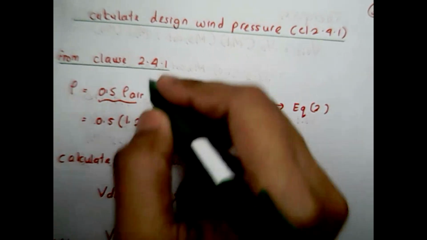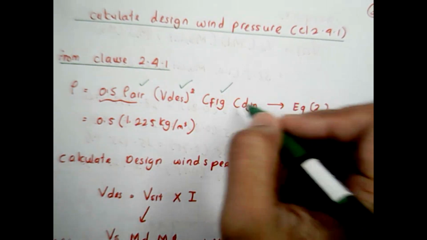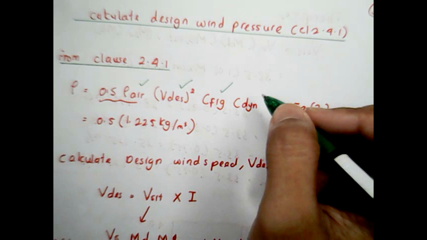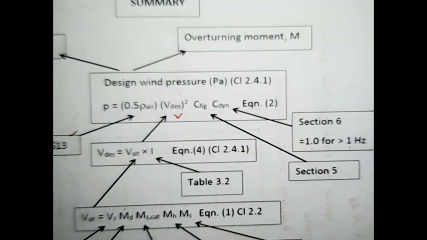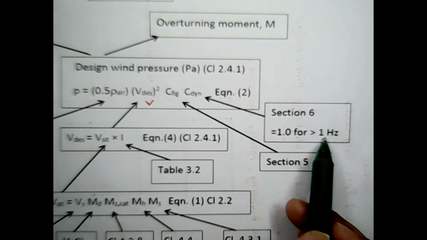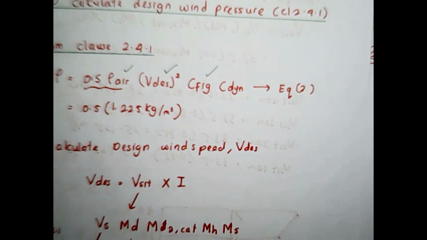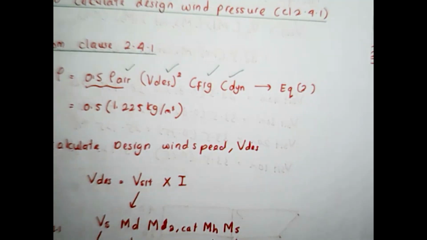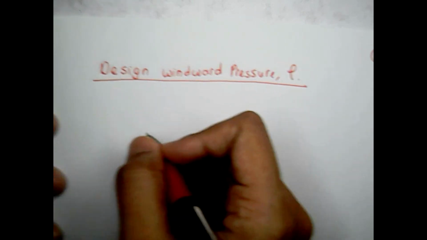For C dynamic, the frequency is 4 Hertz, which is more than 1 Hertz, therefore our C dynamic is equal to 1. So we have done C dynamic as well. Then we need to substitute everything into the design wind pressure equation.